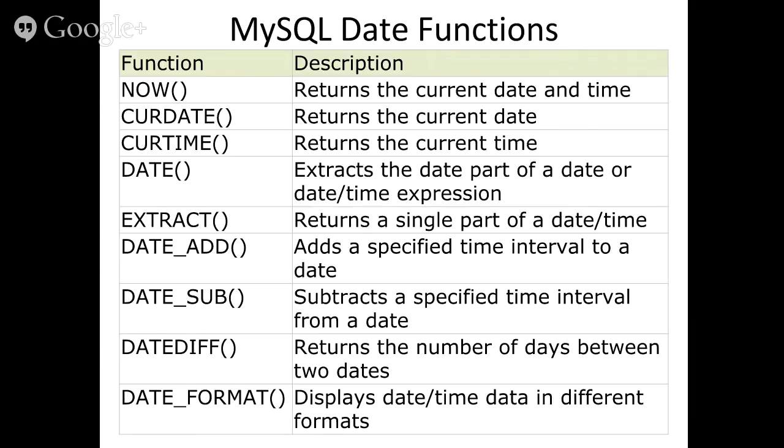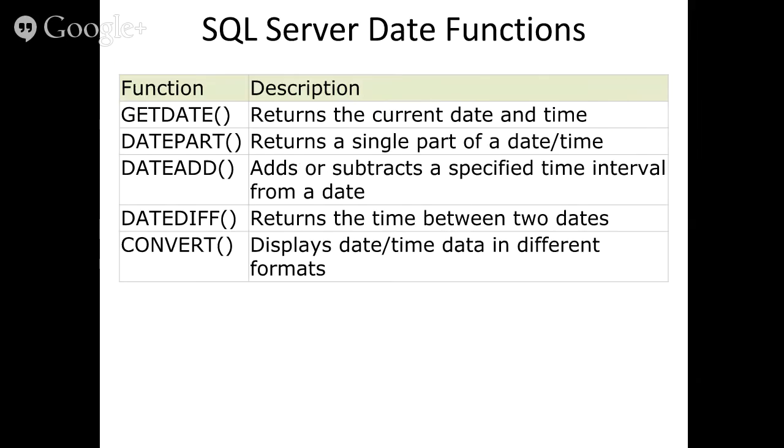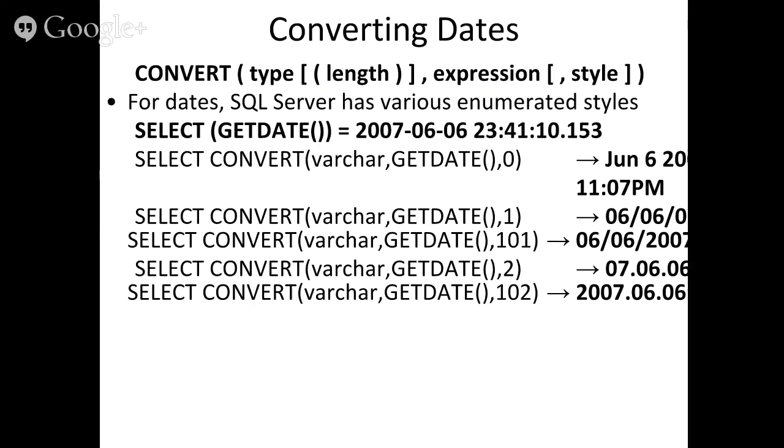Or you can want a more abbreviated version, where you only want two digits for each of the fields: 2-digit year, 2-digit month, and 2-digit day. These are some of the SQL Server ones. Again, they all have a slew of all sorts of functions.